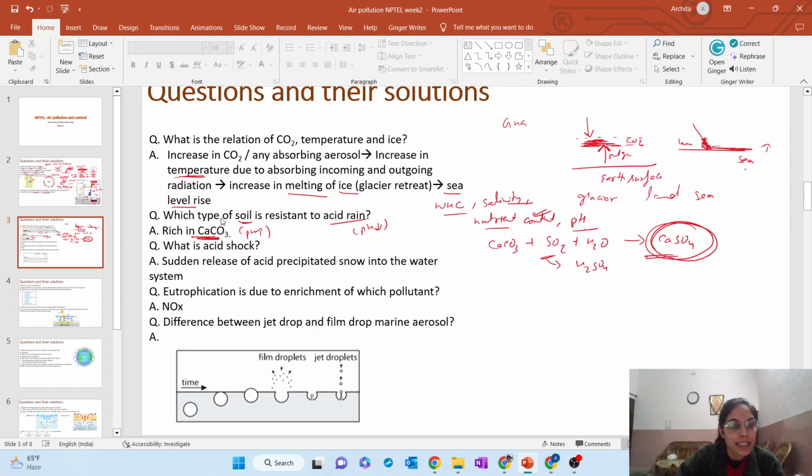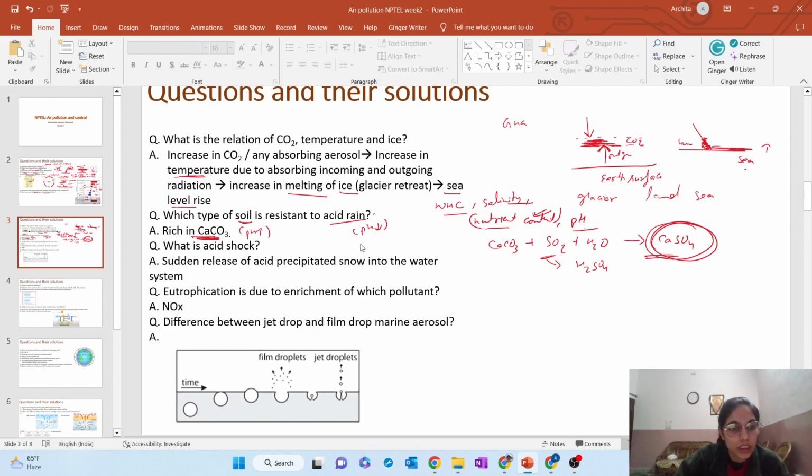So it balances the pH, it makes sure the nutrients are not going anywhere, and hence this type of soil, rich in calcium carbonate, is resistant to acid rain.